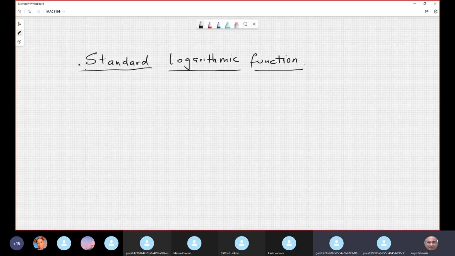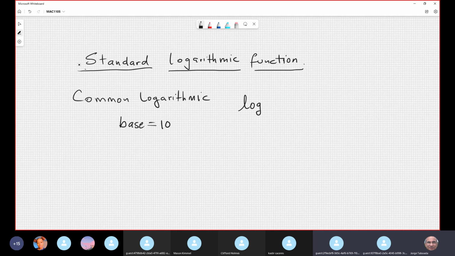The first standard is called the common logarithm. In this case, the base is 10, exactly the same as the example that we were doing before. The representation is log base 10 of x.